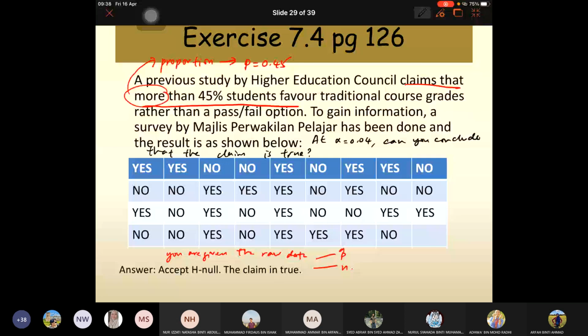Dia cuma bagi data je. So the question is, at alpha equal to 0.04, can you conclude that the claim is true? Okay. So from the raw data given, macam mana kita nak dapatkan dia punya P hat? From the given raw data.